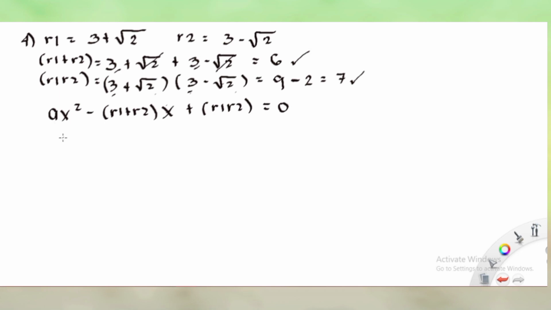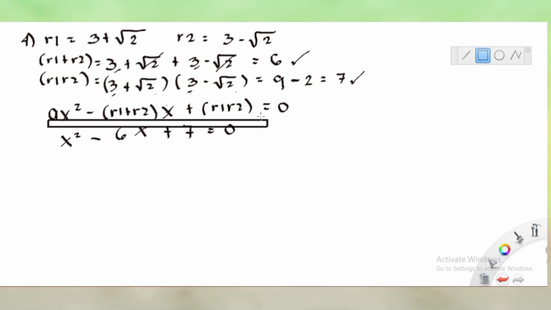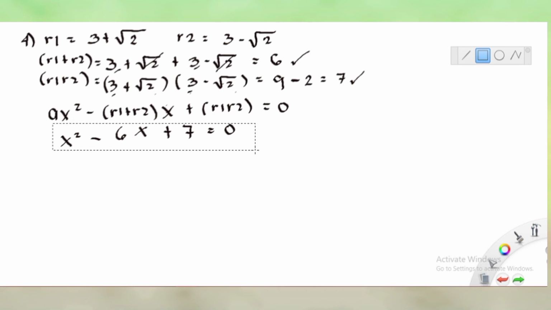We're going to have x squared minus, our b is 6, 6x plus, our c is 7, plus 7 equals 0. So, this is our quadratic equation. Let's arrange it. x squared minus 6x plus 7 equals 0, given the roots 3 plus the square root of 2 and 3 minus the square root of 2.